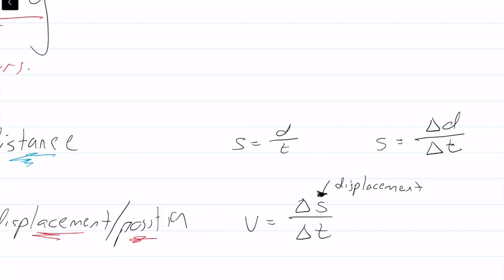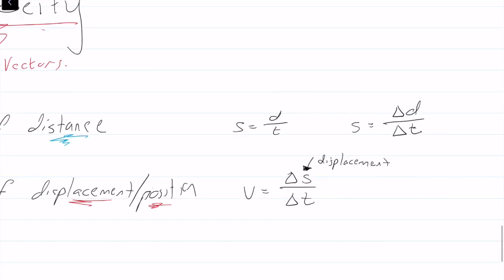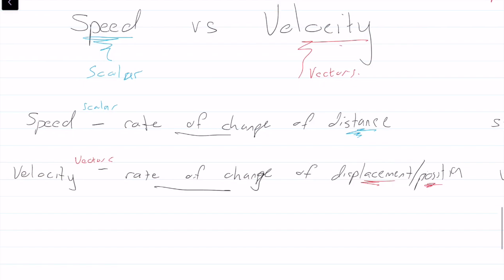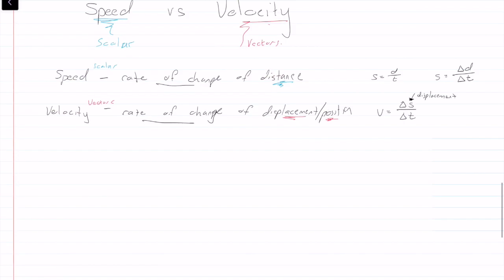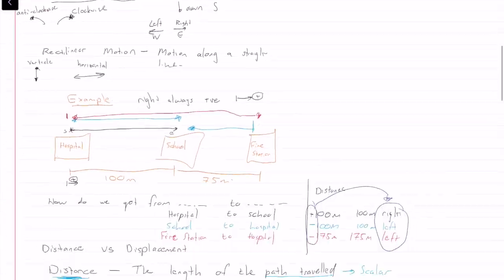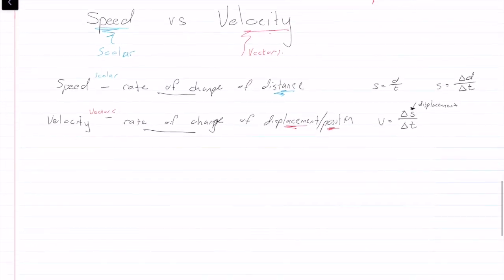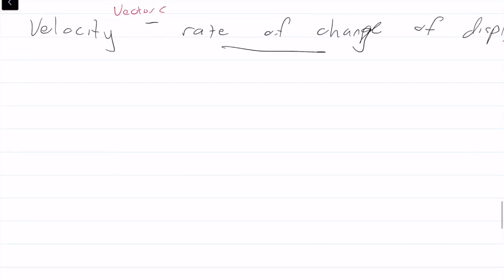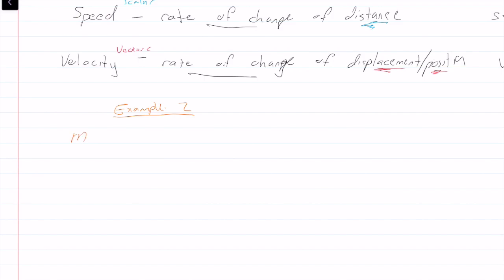Okay, so let us get into a question so that we can use these equations and see their differences. I did questions in orange, cool stuff. So, example 2. Let's say Megan is walking home along a straight path.